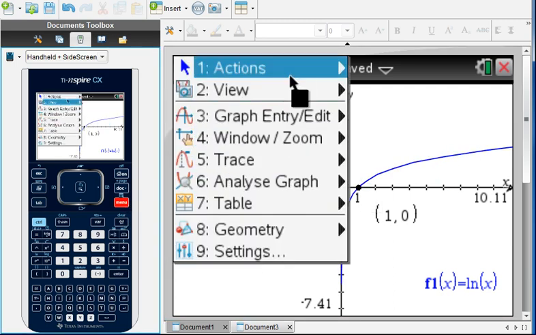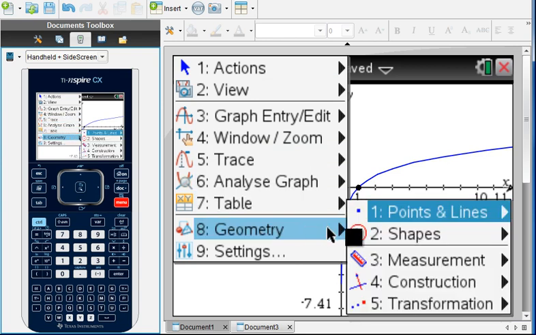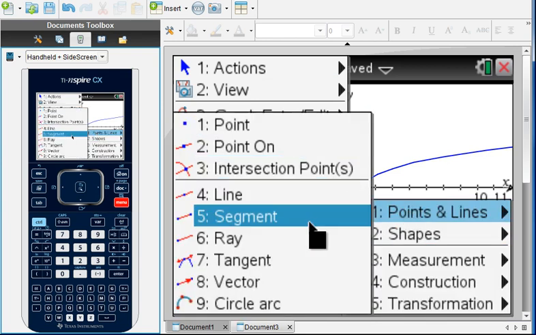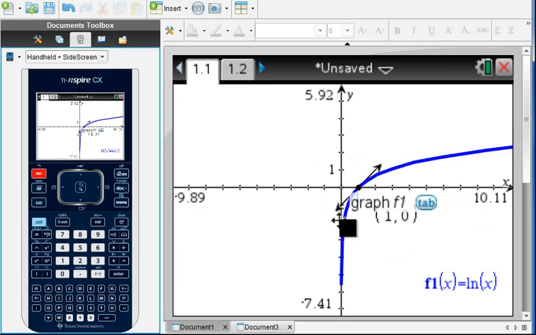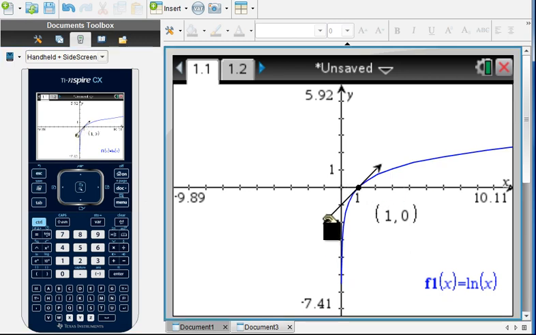So with geometry, points and lines, and tangent, let's use 1, 0. I'm gonna click escape to go out of the draw mode, and then we can grab this end and grab this end to extend it a little bit. Let's see if we can do it.